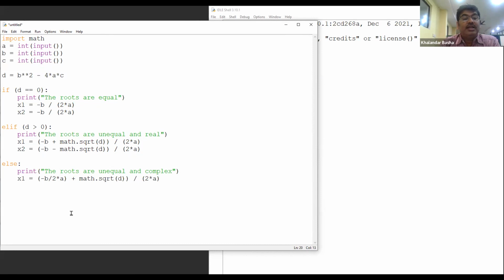This is the real part. Then plus j, the imaginary part is math dot square root of b square minus 4ac under square root by 2a.